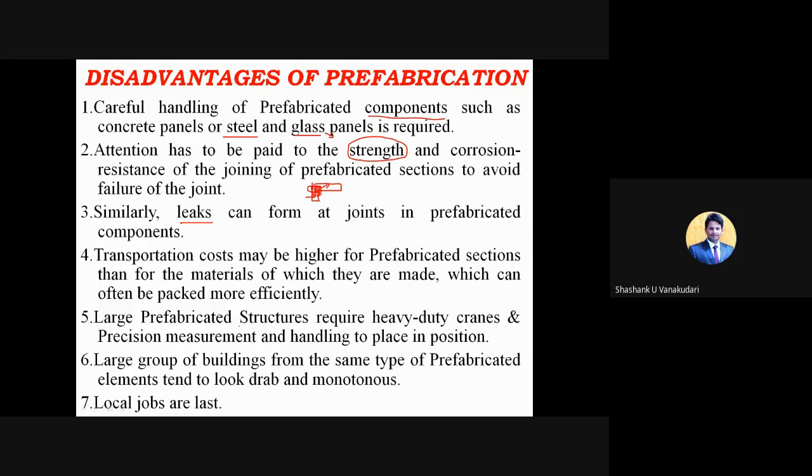Okay. And large prefabricated structures require heavy duty cranes and precision measurement and handling to place in position. Means here in high rise buildings, with respect to certain heights, heavy duty cranes are used, so the maintenance cost of that crane and even the working principle of that crane should be properly known to that operator.